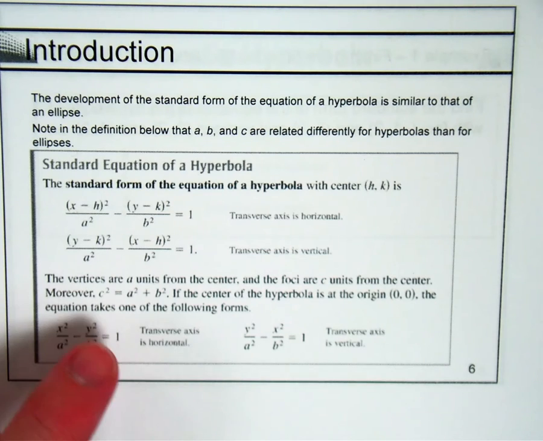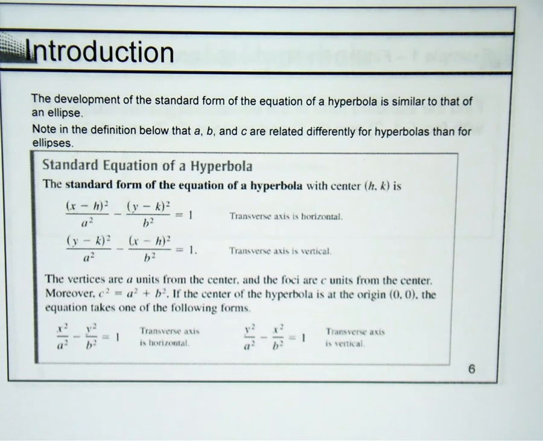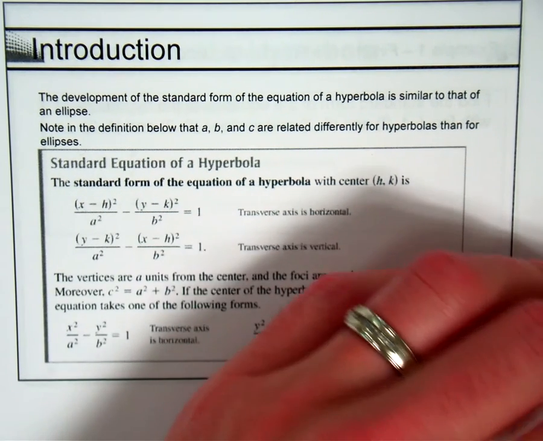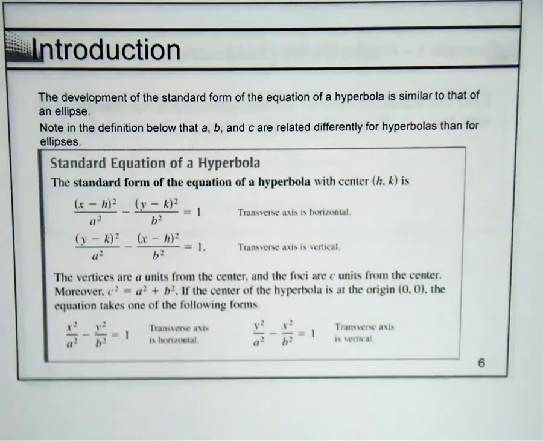Okay, and then our formula to find c, to find the foci, is a squared plus b squared equals c squared. So that changed for us. Before it was big minus little. So just keep that in mind. All these little subtle differences from one to the next.